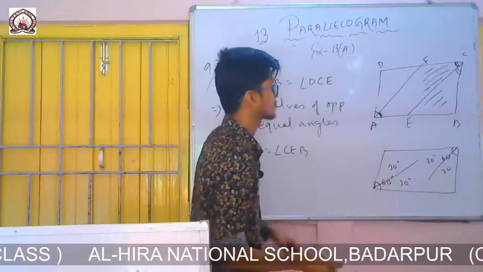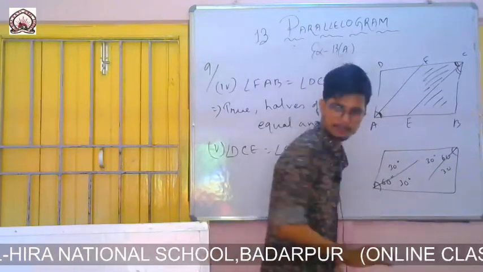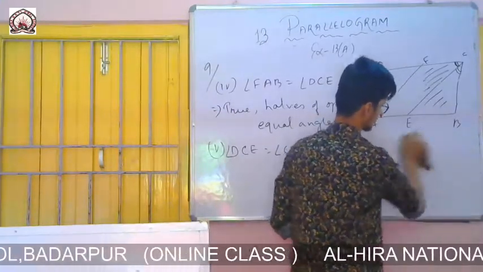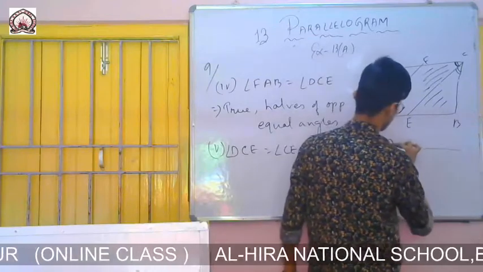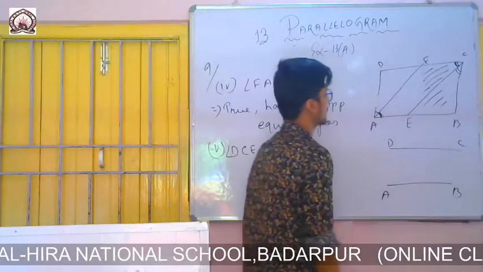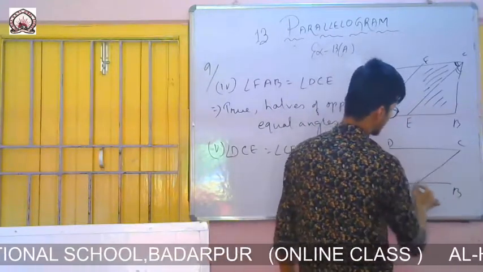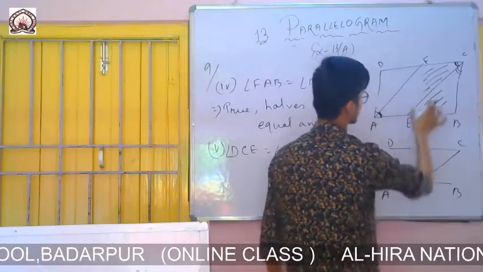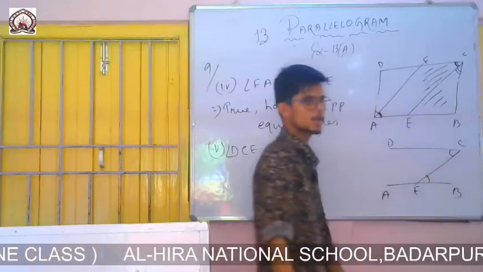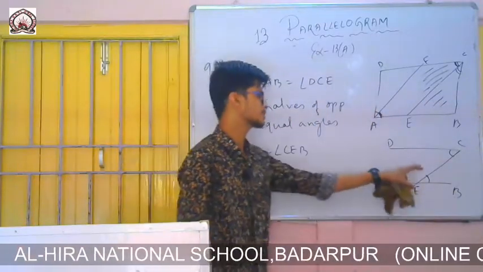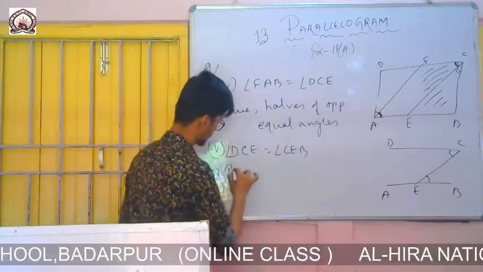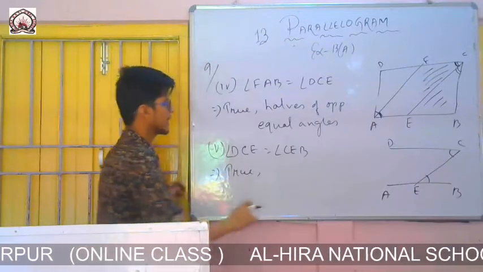So you see here, if I take these two lines DC and AB as parallel, these are two parallel lines, and it is a transversal like this. Here E is written the same, I have just drawn this one. So this angle and this angle are alternate angles. That means of course these two angles will be equal. So it is true, and the reason will be alternate angles.